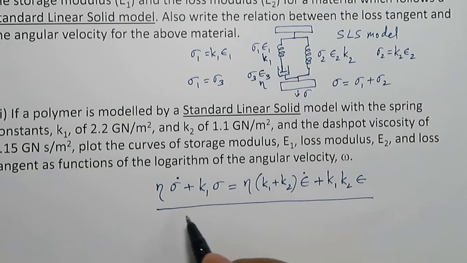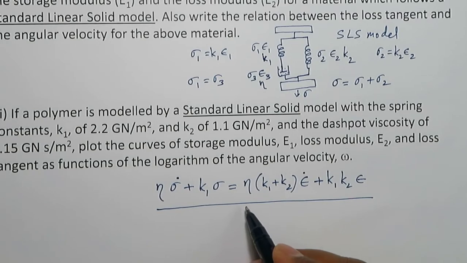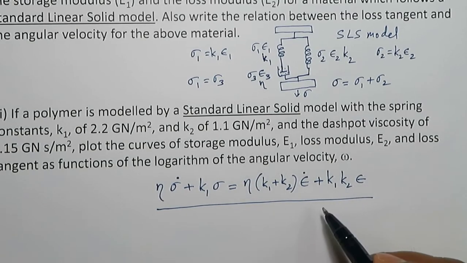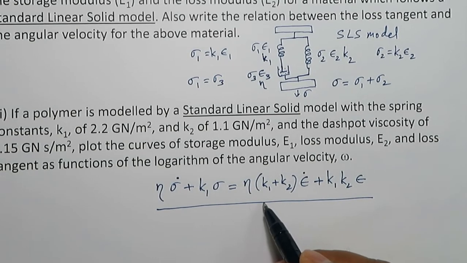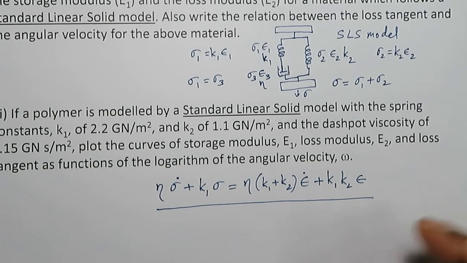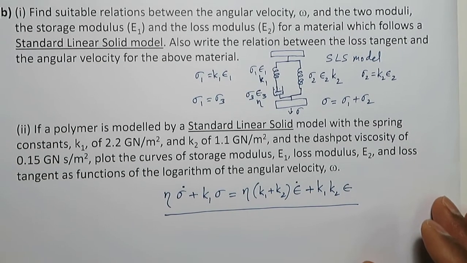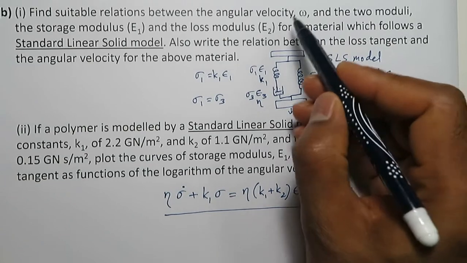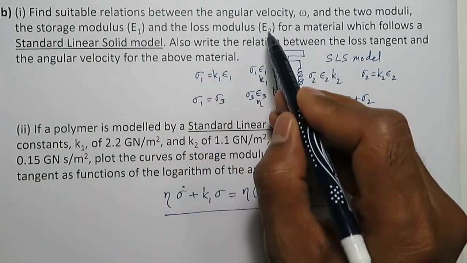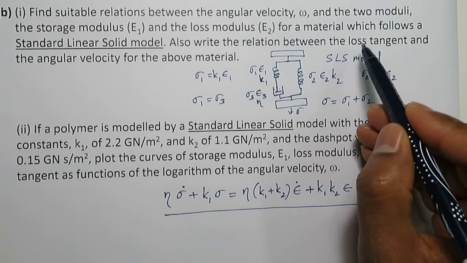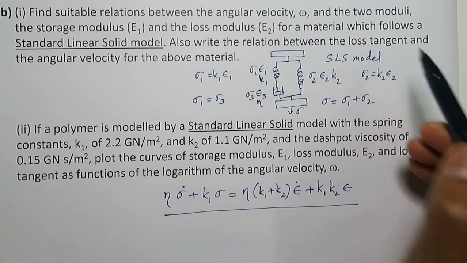Overall this gives a relation of the viscoelastic behavior of polymers using this model. We will use this as the governing equation for the standard linear solid and apply it to the dynamic loading situation to find the relation between omega, E1 and E2, and also between omega and loss tangent.